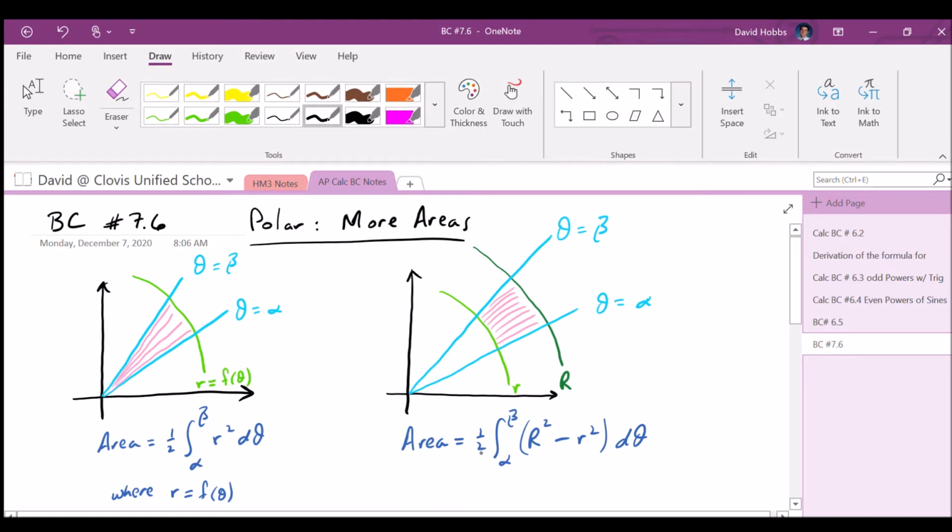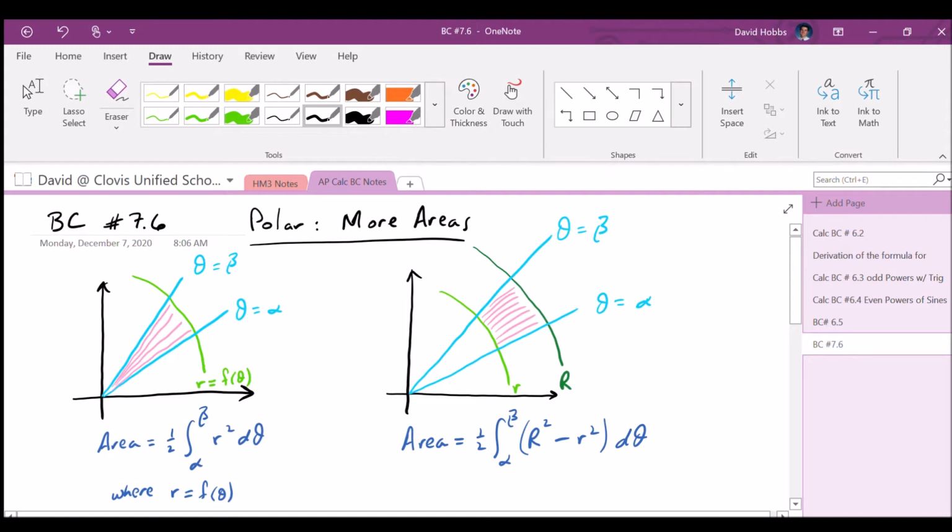It's still the 1/2 and the function squared, but because we want the area between, it's the big R squared minus the little r squared. Now, this only works if the alpha and beta are actually matching up to each other for the two equations.